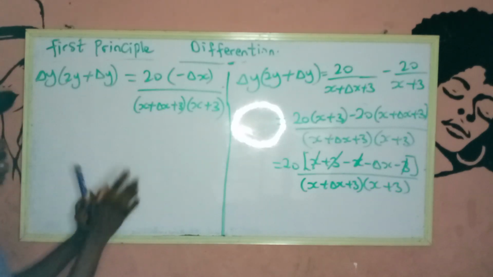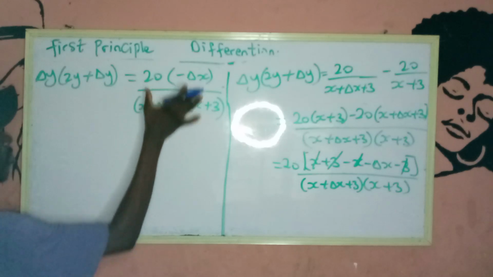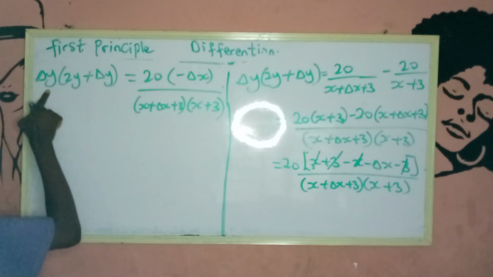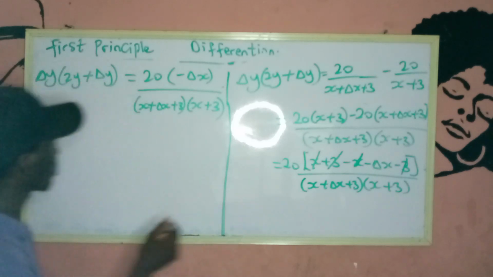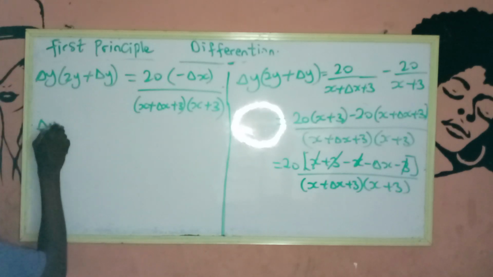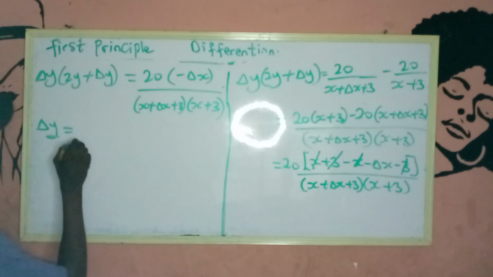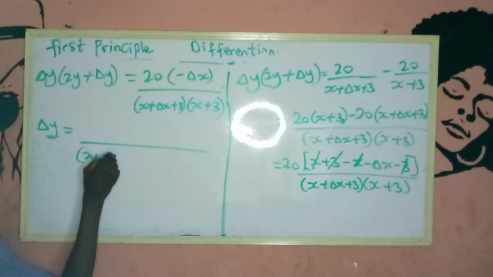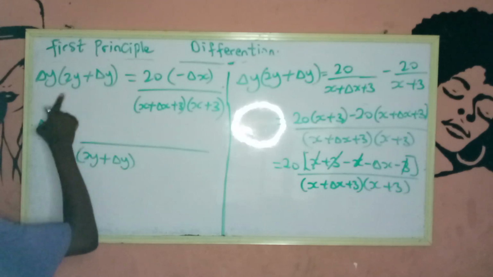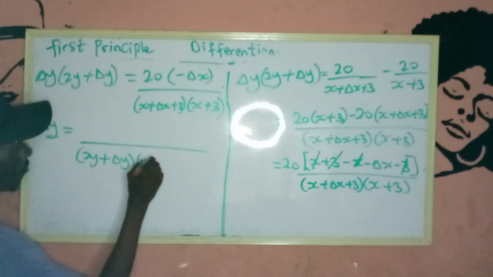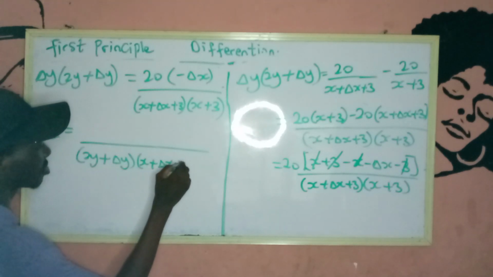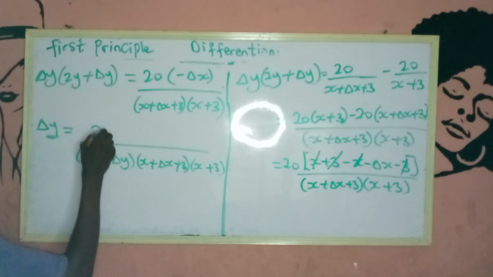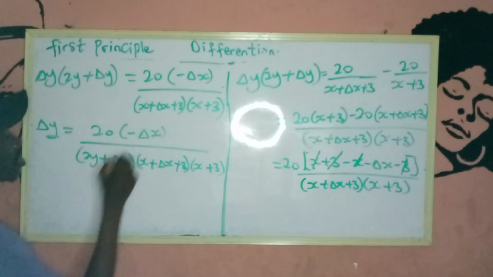The next thing you do here is you have this over this. Make sure you make this the subject of the formula as I've said before. So my change in y equals, since it has a long denominator, which is 2y plus change in y, divided both sides by this, and I have x plus change in x plus 3 times x plus 3, minus change in x.